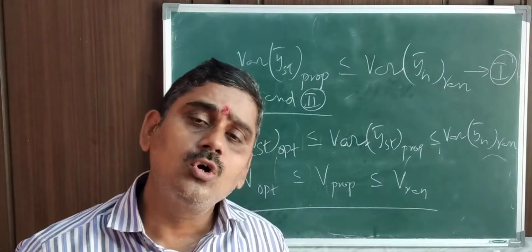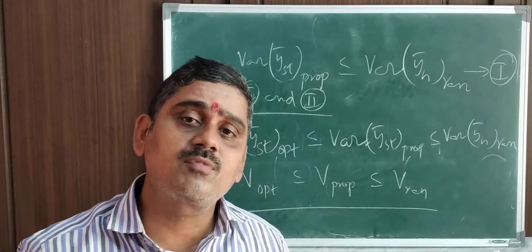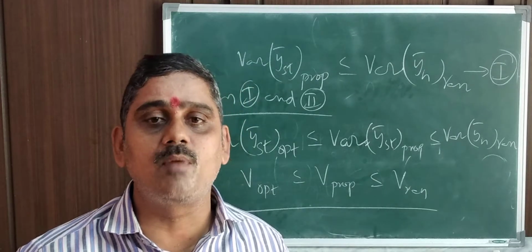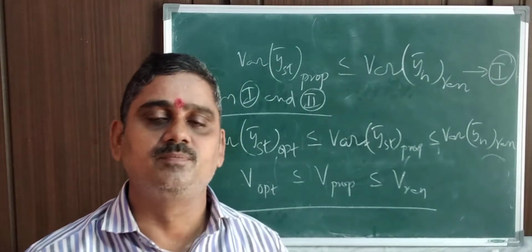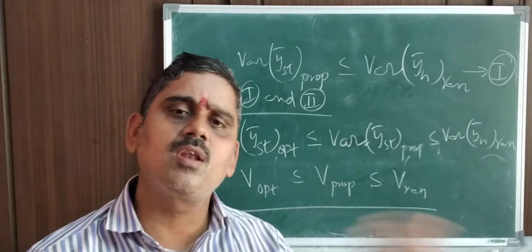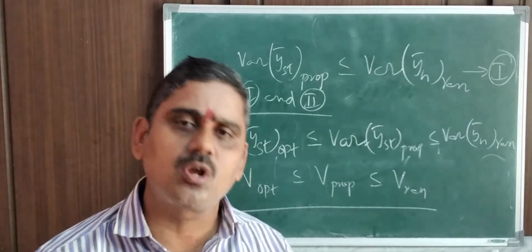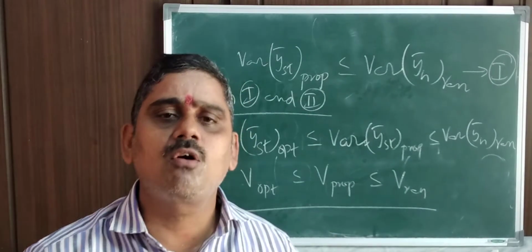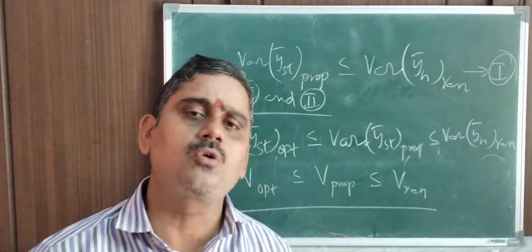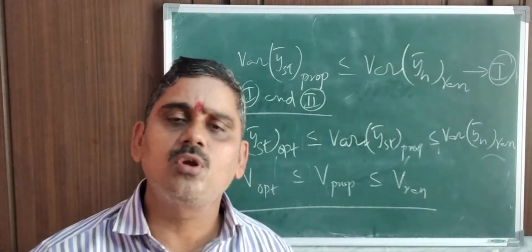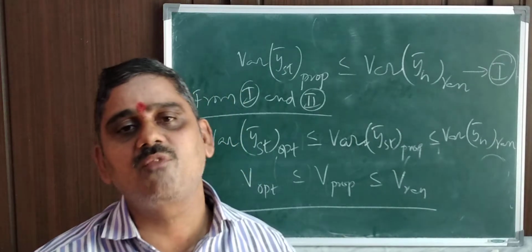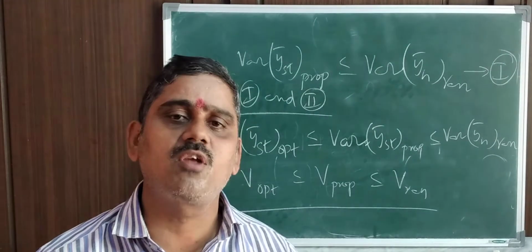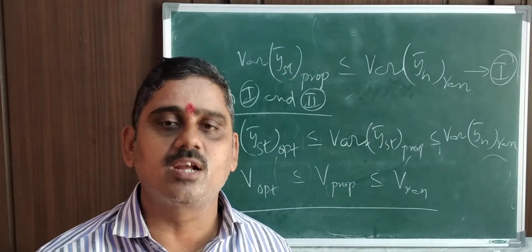Now, if you compare the two stratified random sampling techniques, optimum allocation and proportional allocation, with simple random sampling without replacement, and of course simple random sampling with and without replacement, which we have explained, we concluded that without replacement, SRS WOR, gives the minimum variance, hence it is more efficient than the with replacement technique.